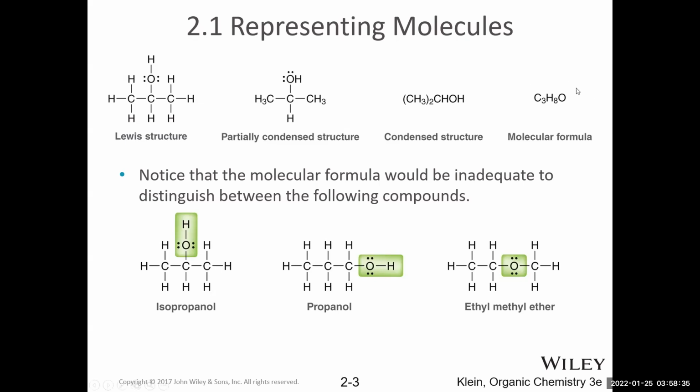So if you just write C3H8O, it's not clear which of these compounds, for example, you might be talking about. That's why we need to use some of these other types of representation to make it more clear exactly which compound we're talking about. And in this case, it would seem like isopropanol was the compound being discussed.